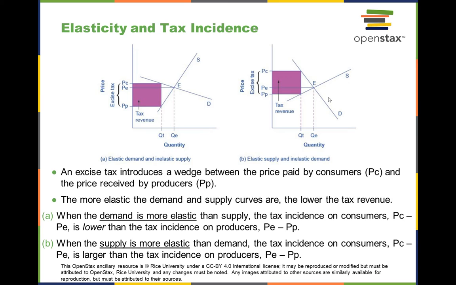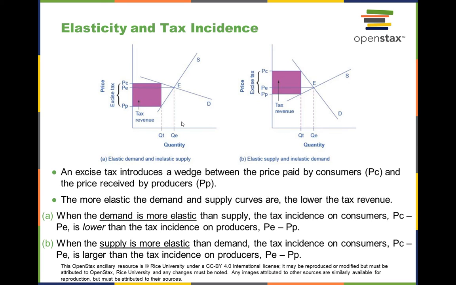When the demand is more elastic than supply, the tax incidence on consumers is lower than the tax incidence on producers. And so we can see the price for consumers and the price for producers. And we can see the difference between the price that is made, the new price equilibrium because of the tax. We can see there's a difference in the size between the two.